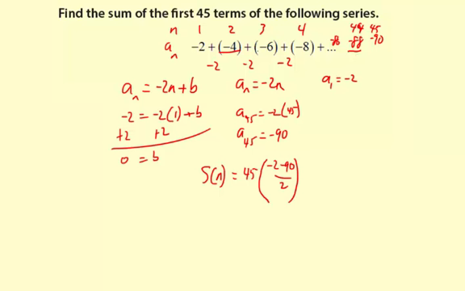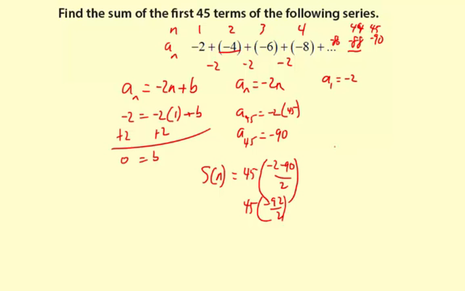So with an arithmetic series, you're always going to get that type of pattern, which is why you can find the average of the first and last term, multiply that by the number of terms, and you're good to go. So this is going to be 45, and that's going to be -92 divided by 2, which is -46.